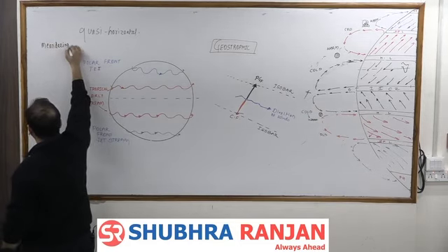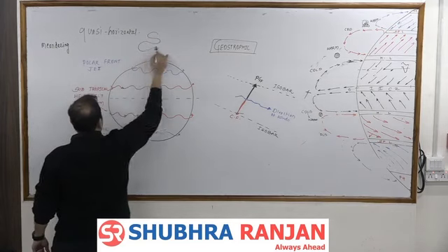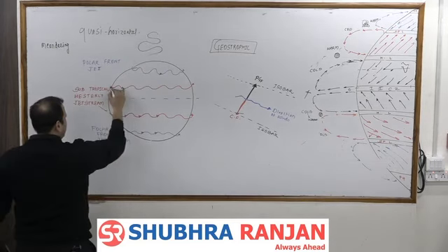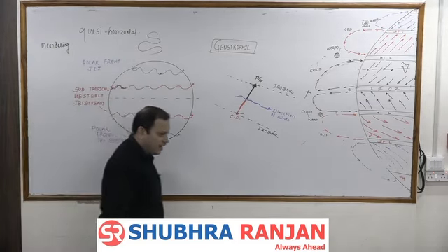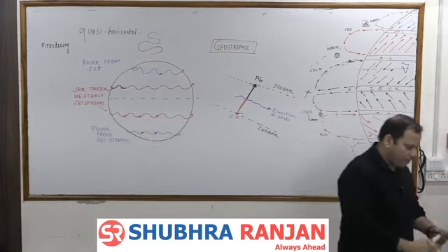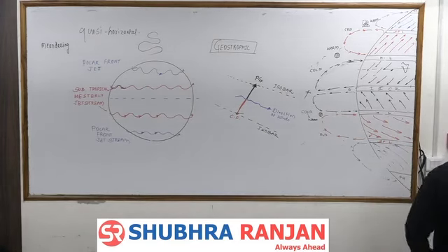You know what is meandering? So sinuous, just like a river, having a meandering path is known as jet stream.